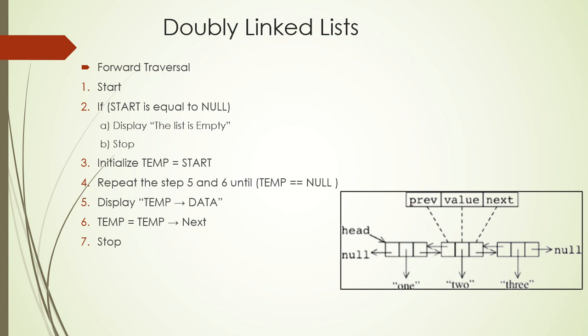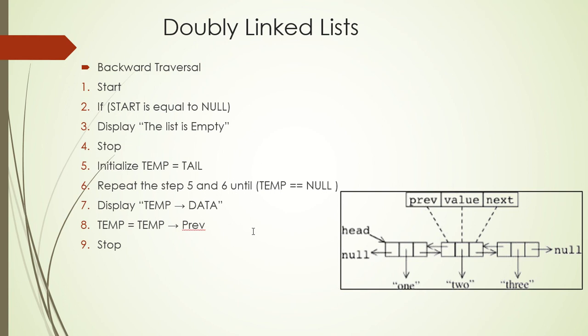Now what makes it different is the backward traversal. A doubly linked list is also known as a double way list because you can have forward traversal as well as backward traversal. In the case of backward traversal, first you have to check whether the list is there or not. If the list is empty, the start or head node will have the value null. Then you say that the list is empty, you cannot travel, so you can exit.